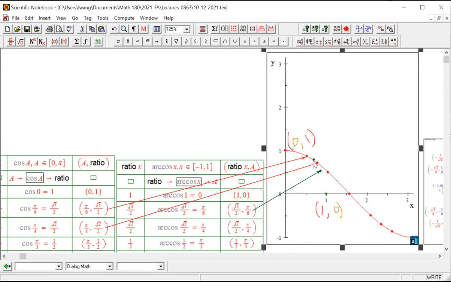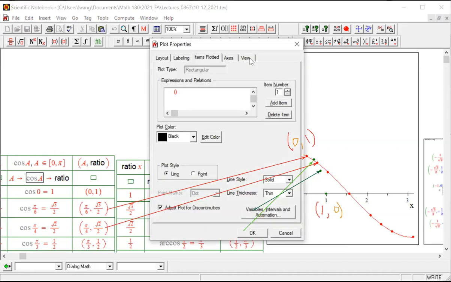Okay, do you see that green dot popping up? That green, right here. You guys see that? And they are on both sides of that line of symmetry.